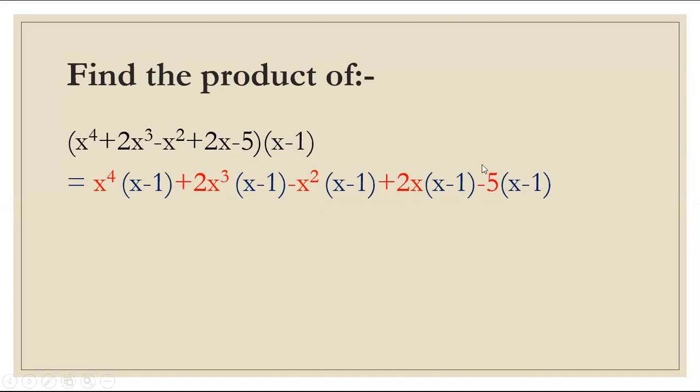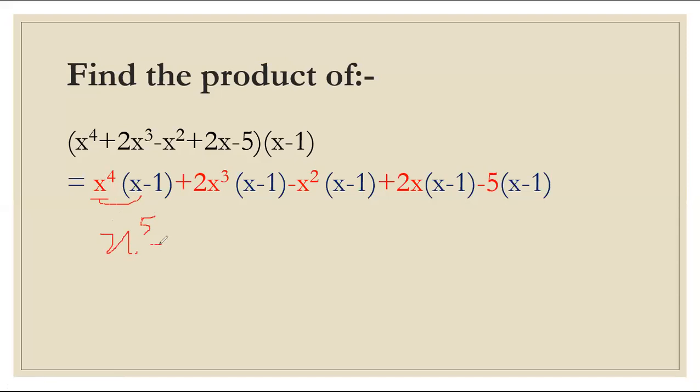That's it. Now students, what we have to do? We have to multiply the first term here. The first term is x power 4 and here x power 1. So we get the answer x power 5, right? x power 5.